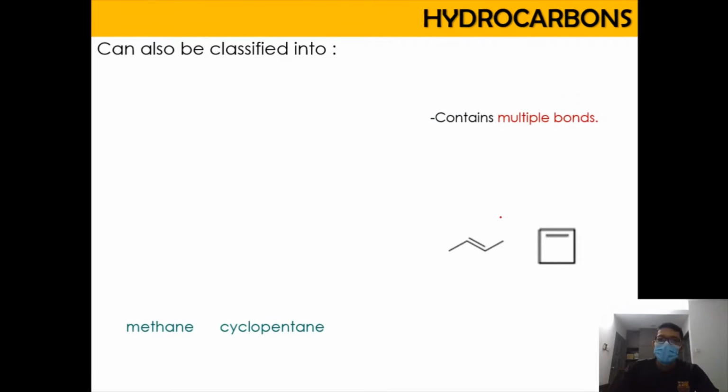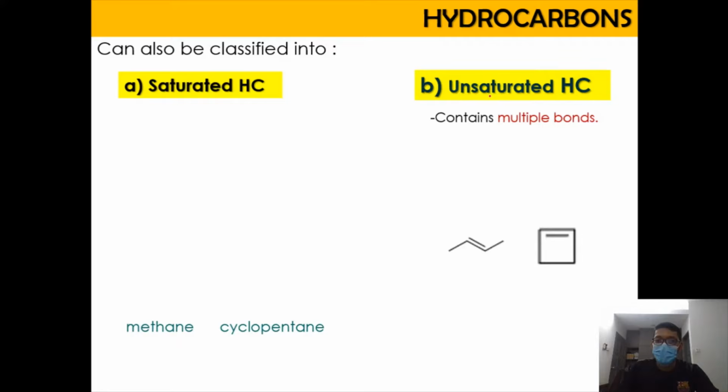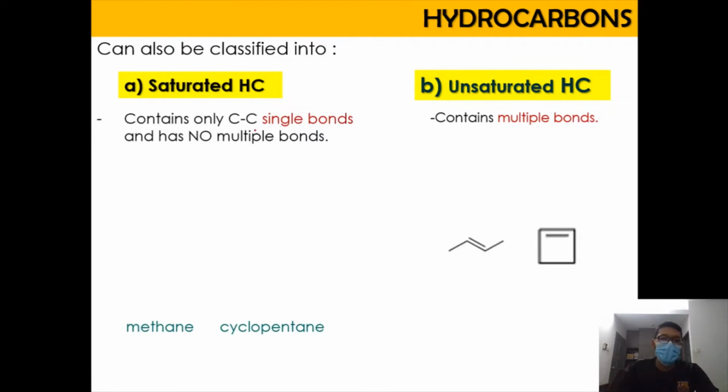At the same time, hydrocarbon can also be classified into two main types, which are the saturated hydrocarbon as well as the unsaturated hydrocarbon. The saturated hydrocarbon basically contains only carbon single bonds, and it has no multiple bonds.